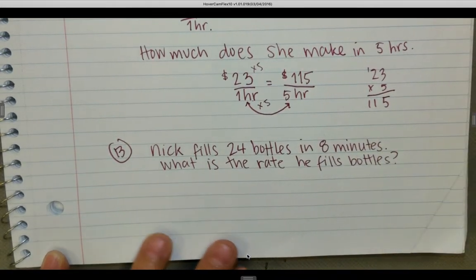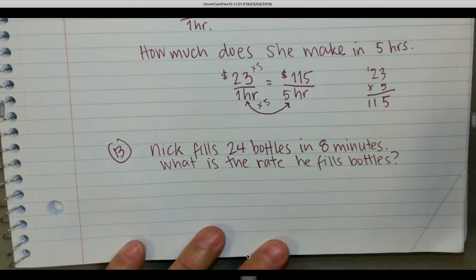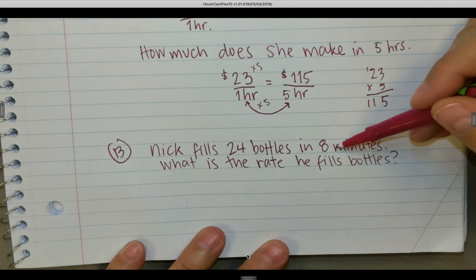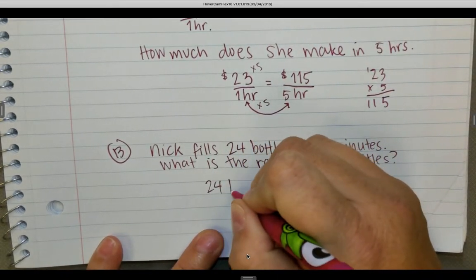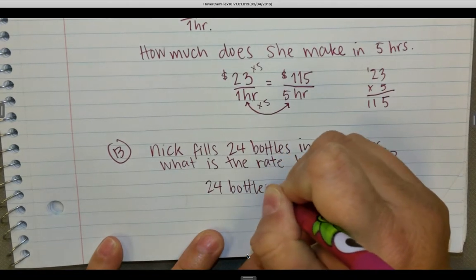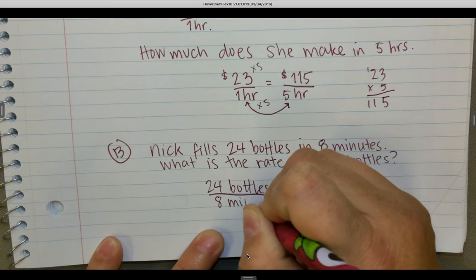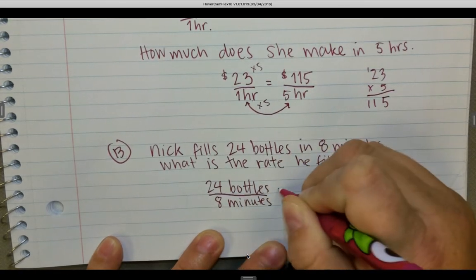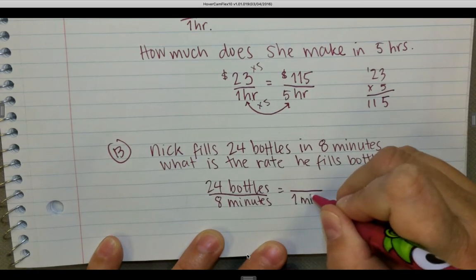So what this question is asking is the rate. It wants you to find the unit rate. And if we do 24 bottles per 8 minutes, what it's asking us to do is find 1 minute.